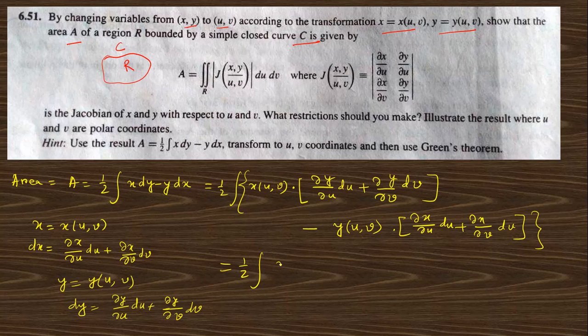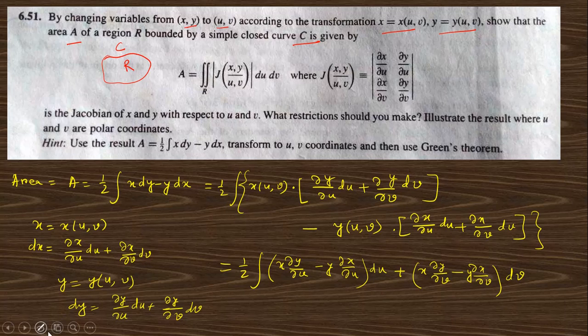So x del y del u minus y del x del u, that into du, and plus x del y del v minus y del x del v, that into dv.